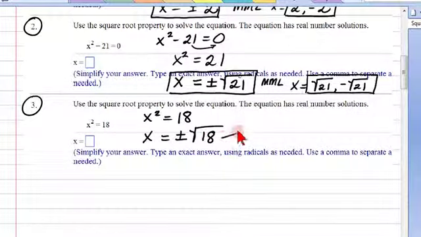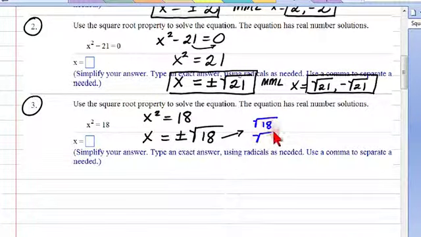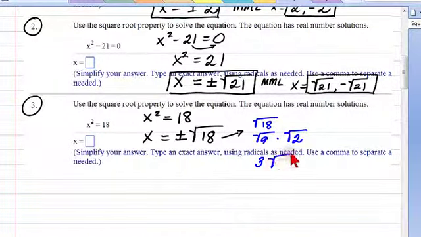Well, I'm going to go off to the side and do that. The square root of 18, would you help me out with factors? 9 and 2. 9 is the perfect square. 2 is not perfect. The square root of 9 is 3 times the square root of 2.